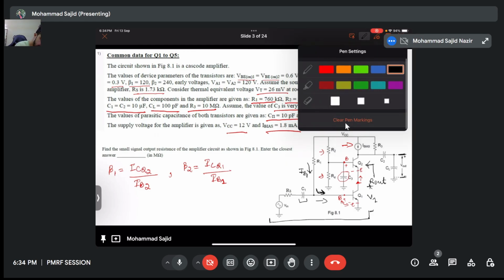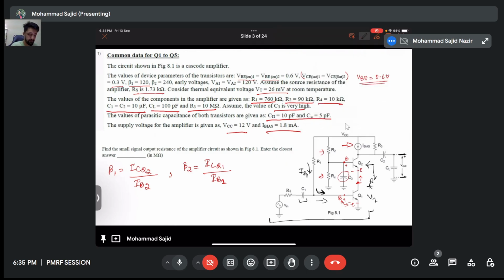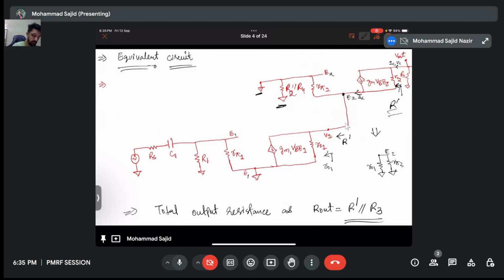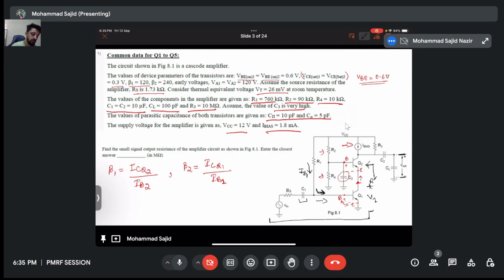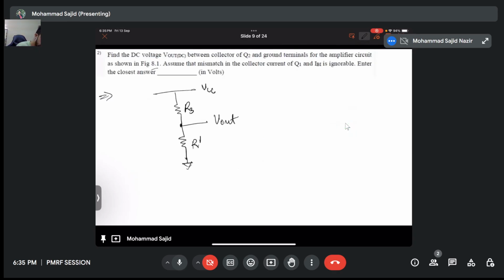Let me clear here. This is R dash. Here I have written R dash. So the output resistance R dash, see here R dash and R3 are connected. You are looking in this terminal to calculate R dash. So we have a voltage divider. Therefore, V output will be simply R dash divided by R dash plus R3 multiplied by VCC.